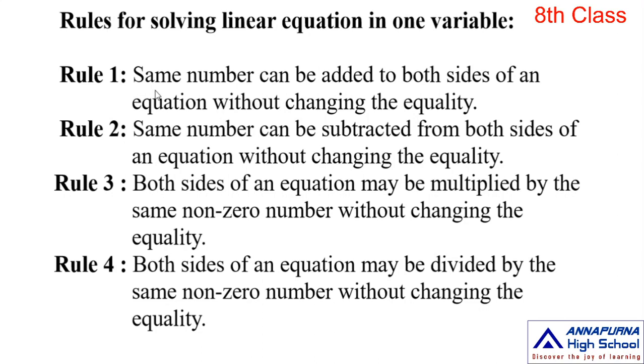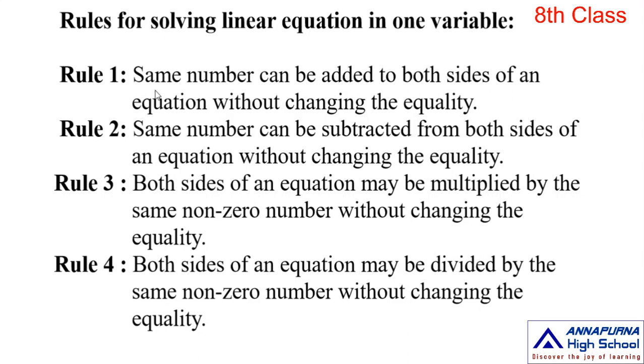Next, rule 3: both sides of an equation may be multiplied by the same non-zero number without changing the equality. That is also true. Next, rule 4: both sides of an equation may be divided by the same non-zero number without changing the equality.